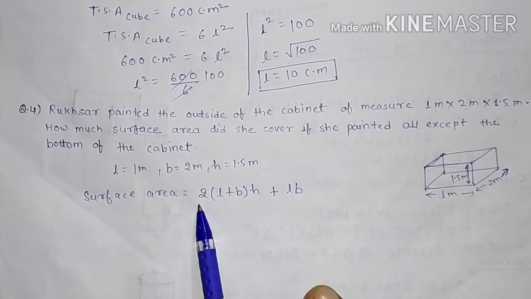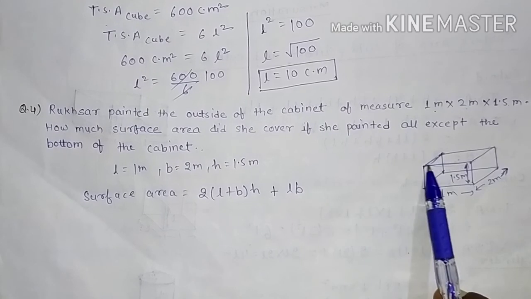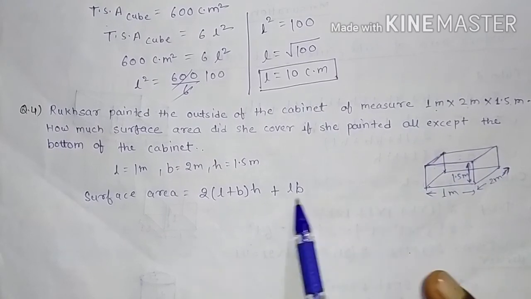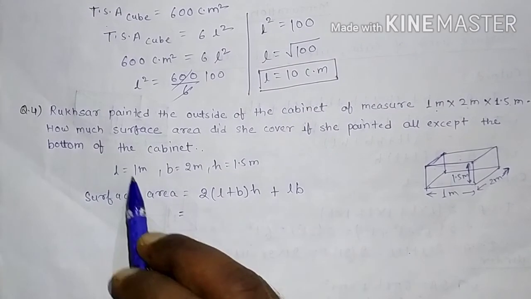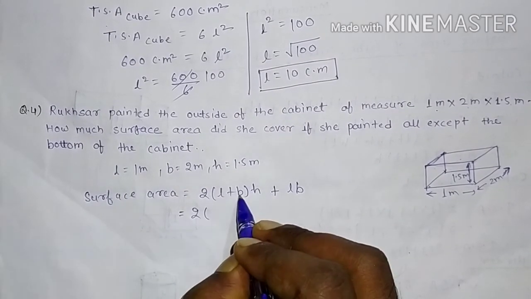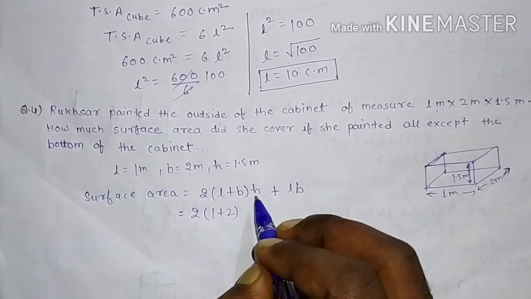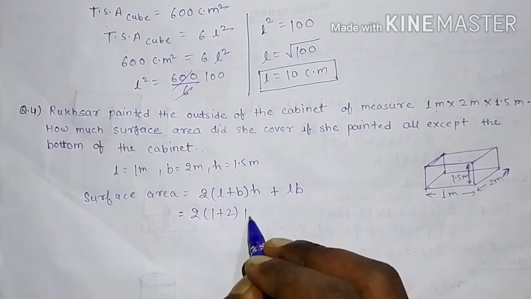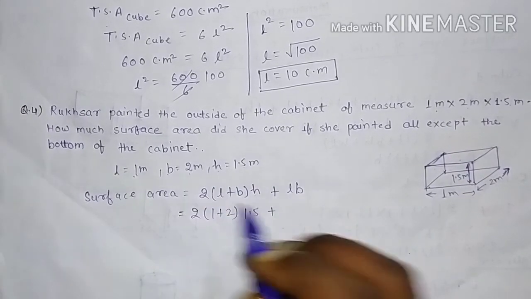This is the area of 4 walls, and this is the upper surface of the cabinet, this LB. Simply we have to put the values in this formula, that is 2(L plus B)H plus LB: 1 meter plus 2 meter, H is 1.5 meter, plus LB, L is 1 and B is 2.